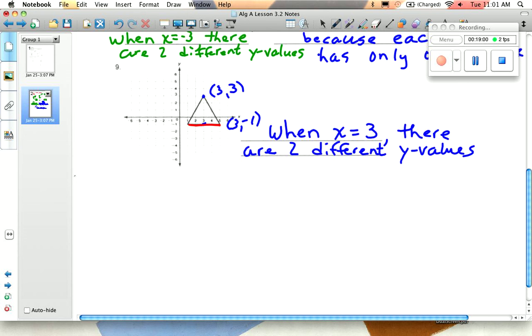Anywhere between 1 and 5, if you go straight up, there's another point on the triangle. It doesn't matter where you go. So there's all kinds of places this one breaks down, but you only have to identify one spot. Okay? Questions?